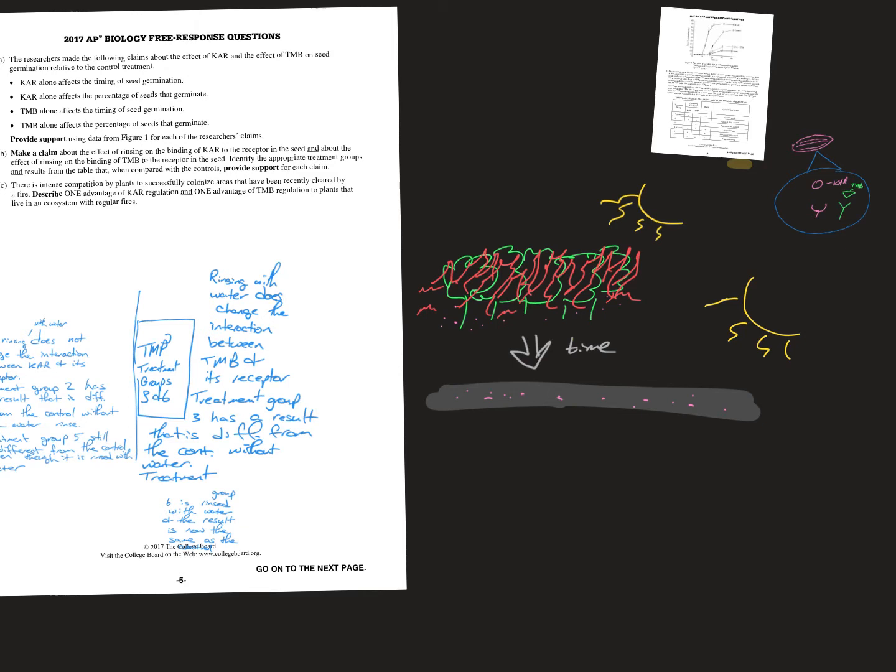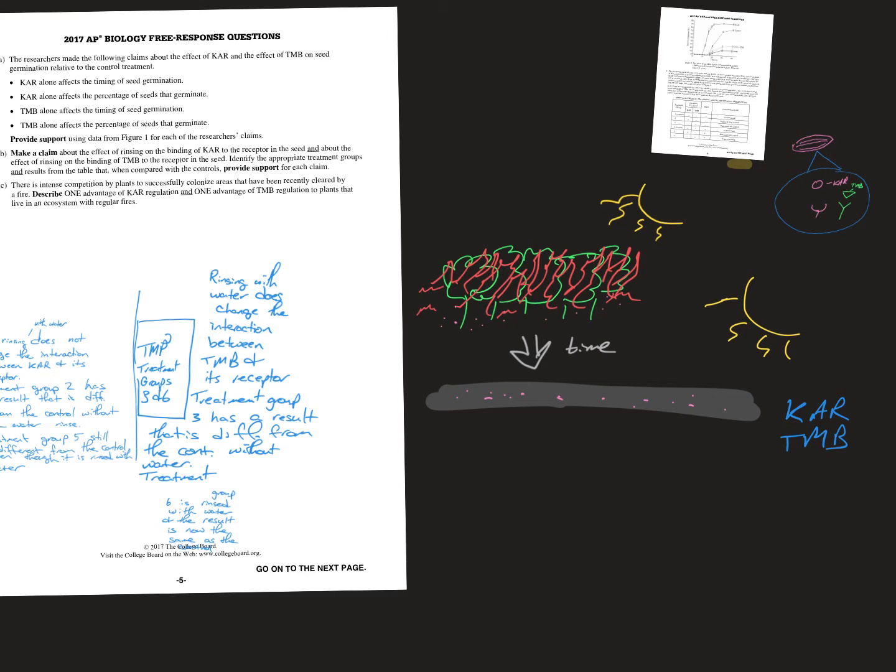Now, when these trees burned, two chemicals were released: CAR and TMB. These two are both attached to their receptors. Again, I'm assuming there are two receptors.